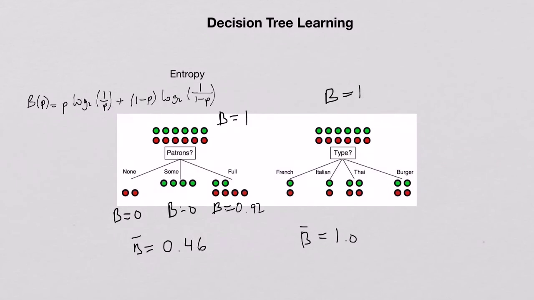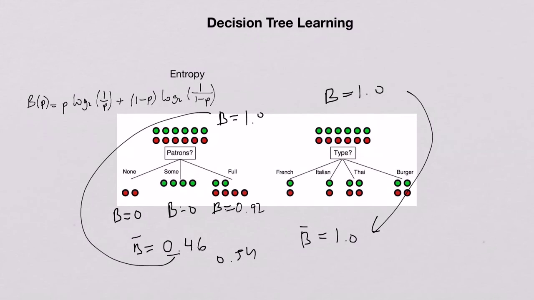Moving from this 1 to this 1 says that we didn't gain any information, which is true because we're still split 50-50 on whether the person is going to stay after we chose this variable. Whereas here we have an information gain of 0.64. Sorry, 0.54, which is the information gain that we have moving from this 1 to this 0.46.